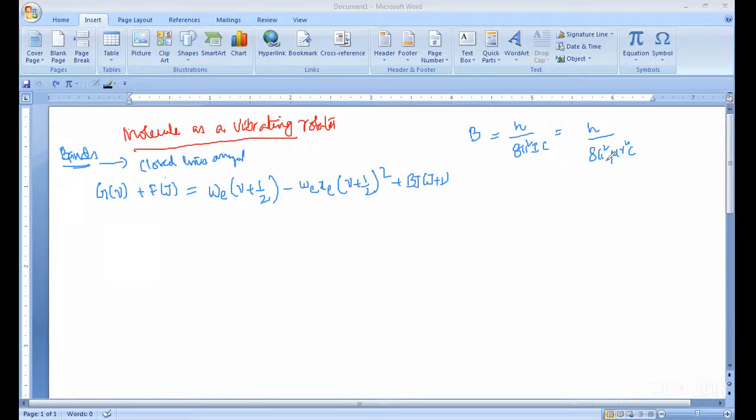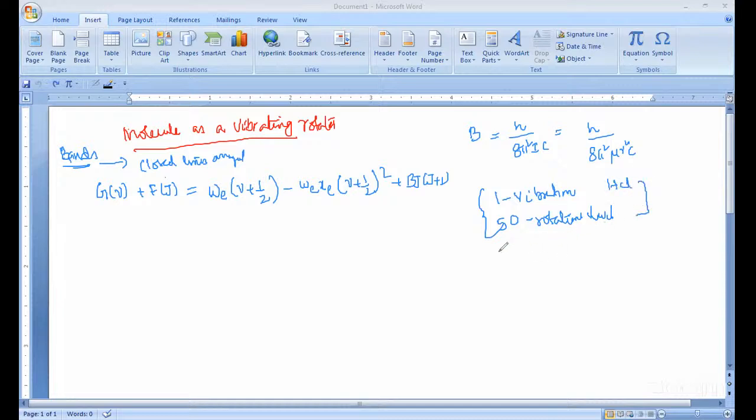Suppose you take an example: for one vibration, you will have 50 rotational levels. This is in the case of the example of an HCl molecule.